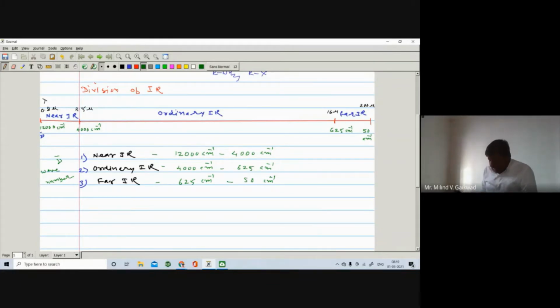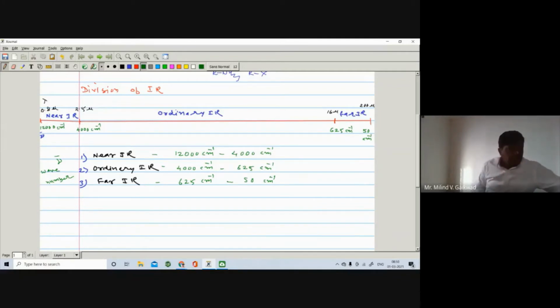So IR is divided into three parts: near IR, ordinary IR, and far IR. And from an organic point of view, we are interested only in the ordinary IR, so near and far IR are of no use from an organic point of view, right?